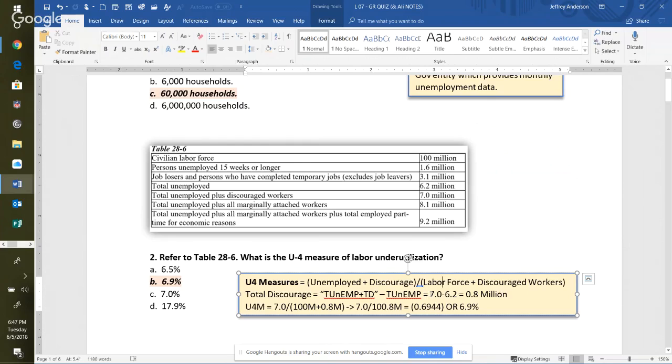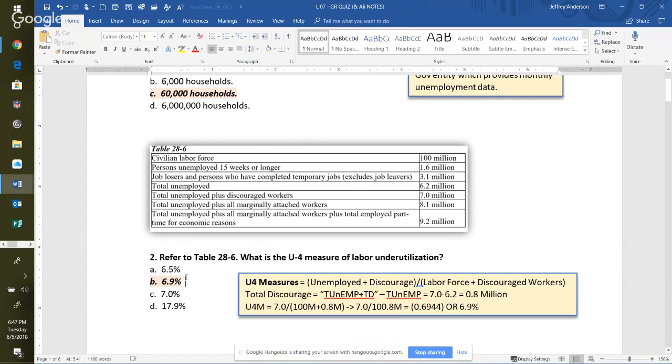So that's 7 million minus 6.2, which is going to equal 0.8 million. So that's how I came up with the 100 million plus 0.8 million for the bottom. Okay, gotcha. And then that gives us 7 million divided by 100.8 million, which gives us 0.0694 on the calculator. And then the options were 6.9 was the closest. So that's what I chose.